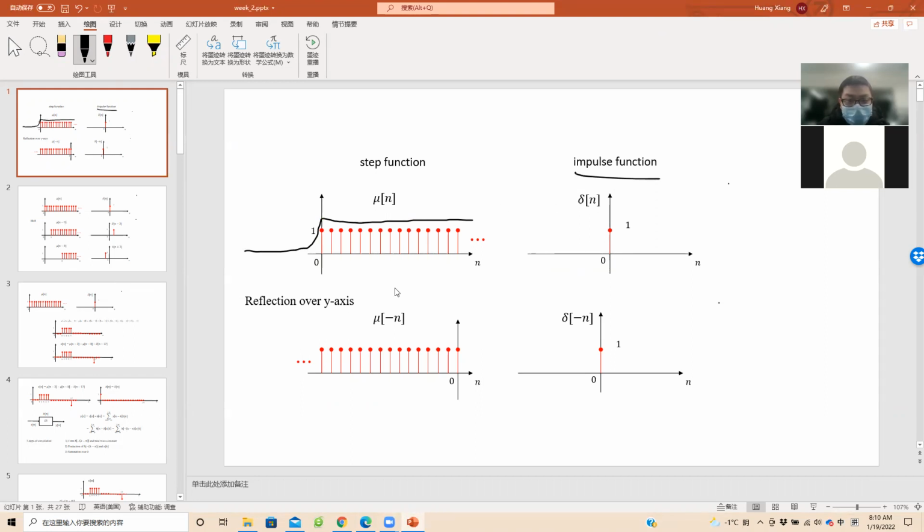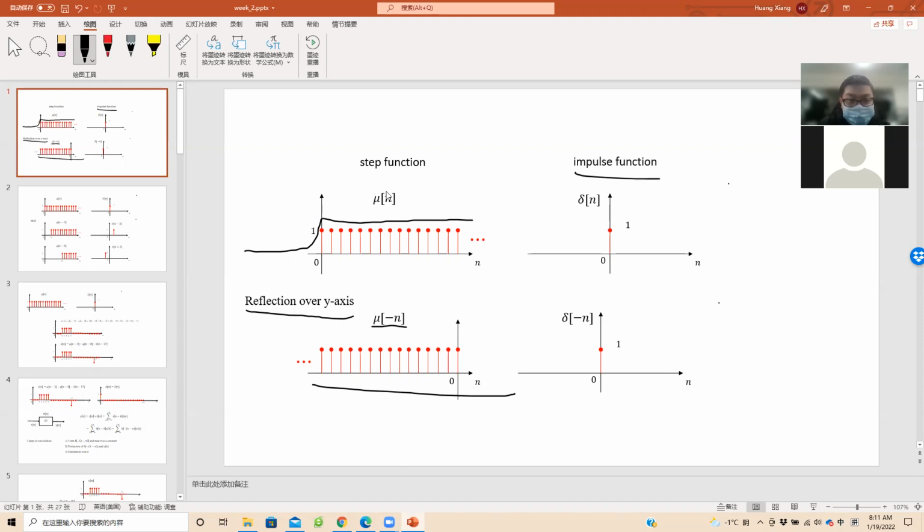And there is a simple operation, which is reflection over the y-axis. If we define the function u of minus n, it is the reflected step function over the y-axis.